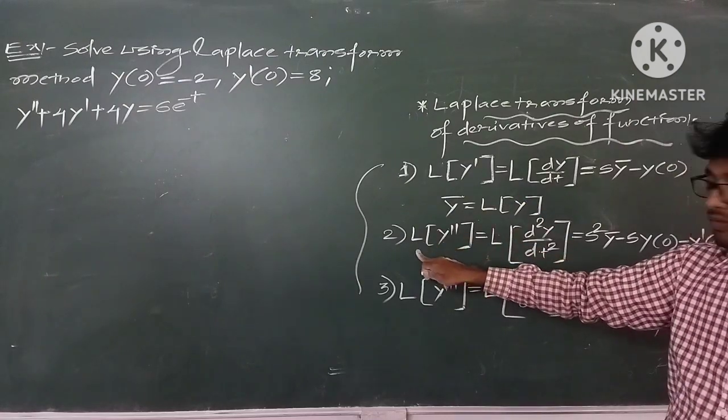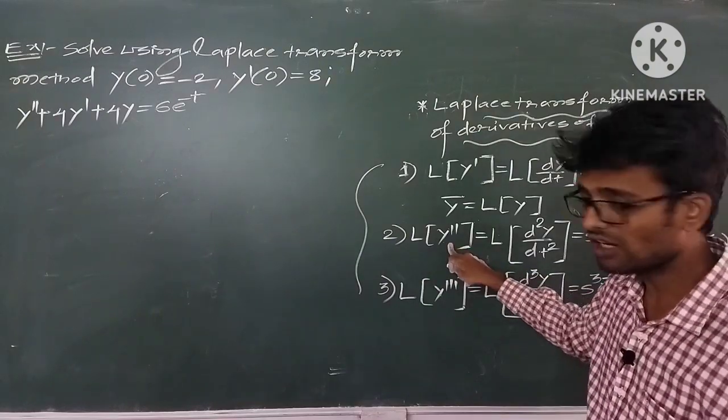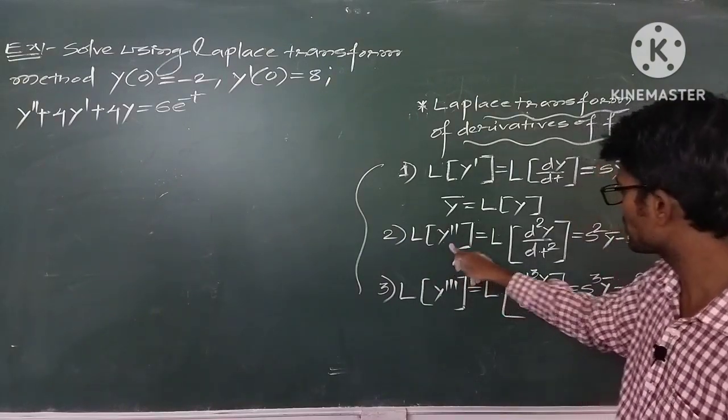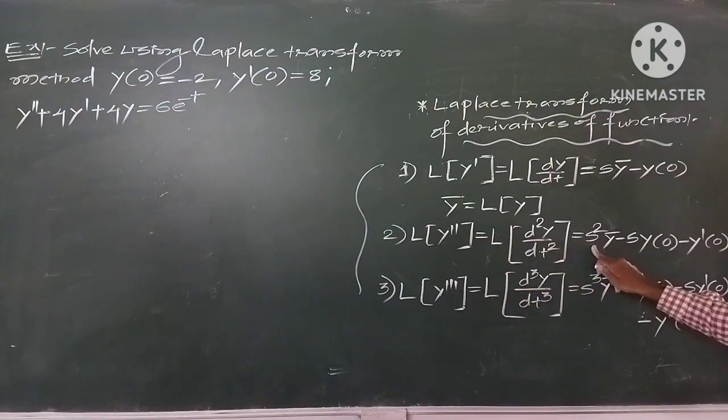Next, the second formula: the Laplace transform of the second order derivative, L of y double dash, is the Laplace transform of d square y by dt square, equal to s square y bar minus s y of 0 minus y dash of 0.